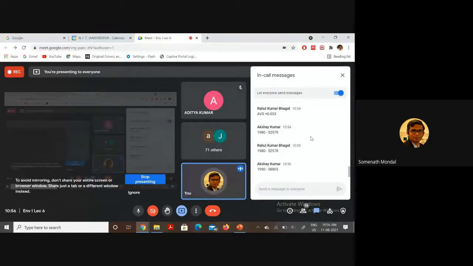So this is also correct, Akshay Kumar. The value of 1990 is also correct. What about others? Rahul Kumar also says, yeah, the value is correct, Rahul. What about others? Yes, correct.